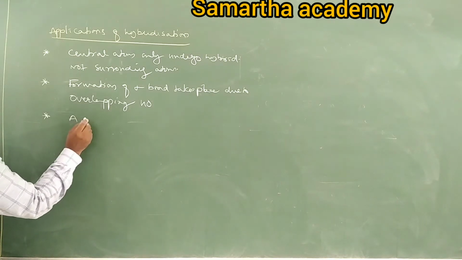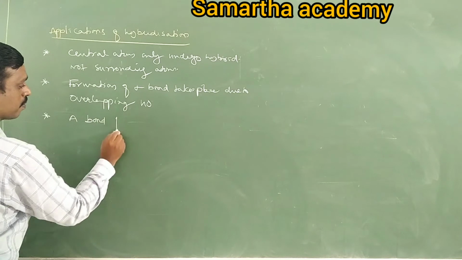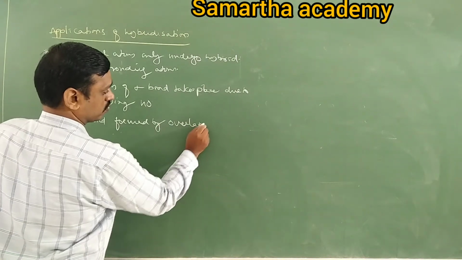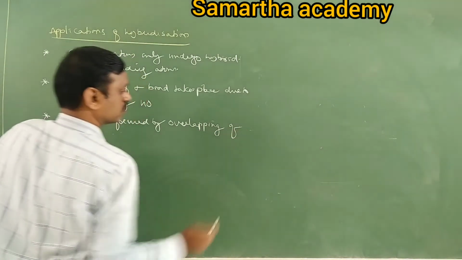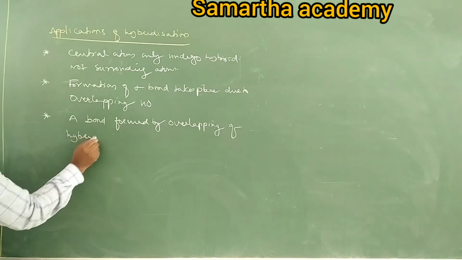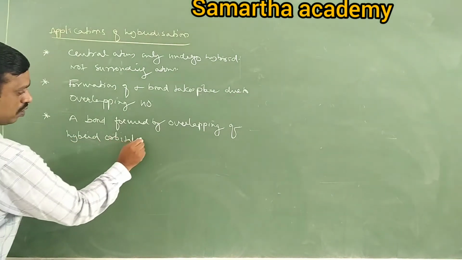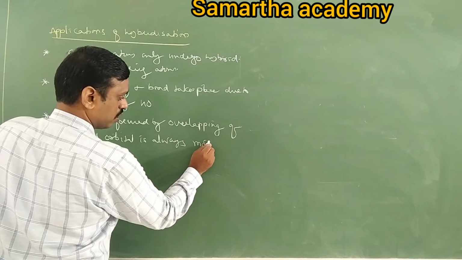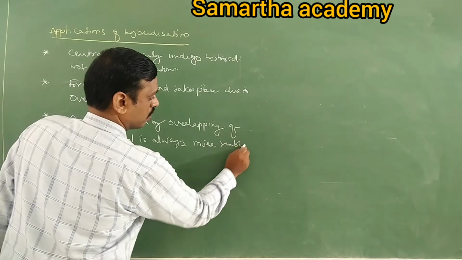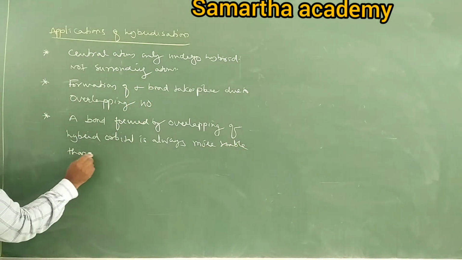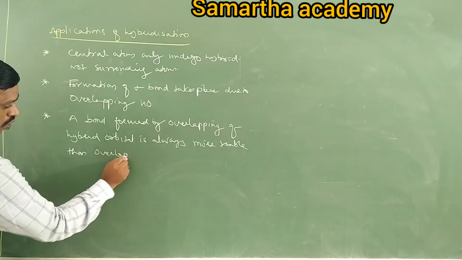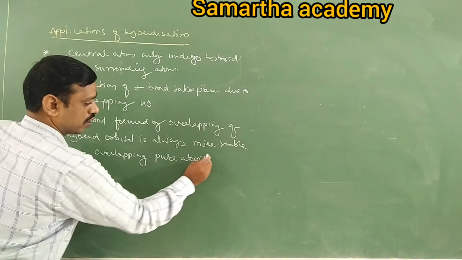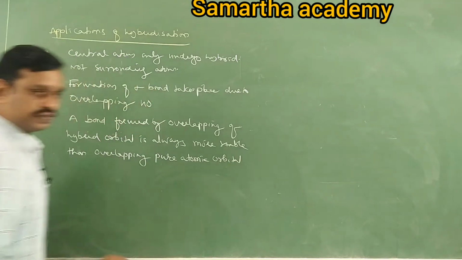So a bond formed by overlapping of hybrid orbitals is always more stable than overlapping of pure atomic orbitals, nothing but unhybrid orbitals.